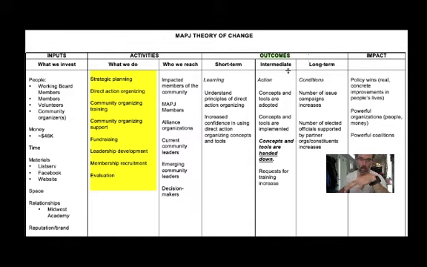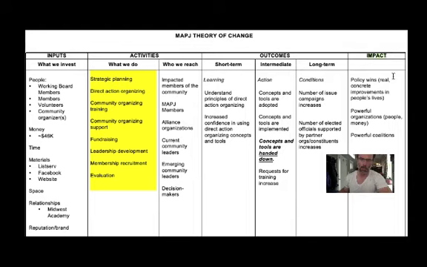Outcomes are what we expect to happen as a result of those activities, in the short term, intermediate, and long term. And then, what impact do we expect to have in the community? This is a really important one, and one that we haven't talked about really explicitly yet. But let's start doing that.